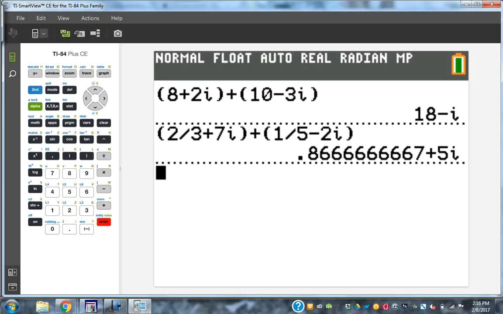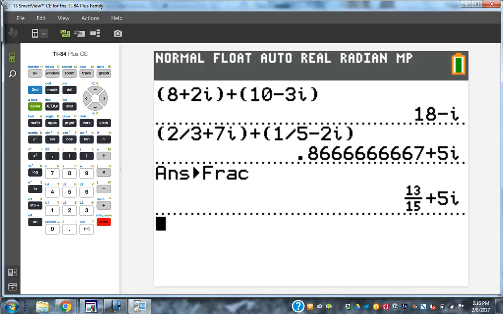Mine is set to not do fractions automatically. Yours may or may not be set to do that. If it comes back with a decimal, all you've got to do is hit math, enter, and it'll throw it into fraction form, which is the way we want it most of the time. It's in fraction form. Okay, so easily done with or without the calculator, honestly.